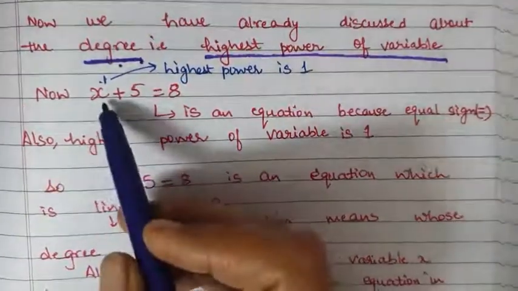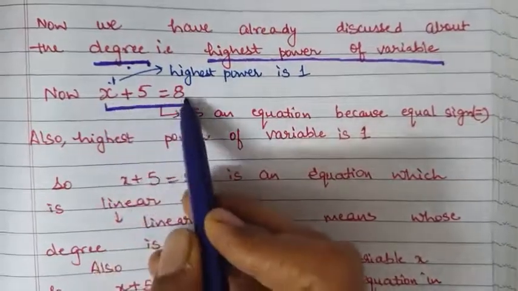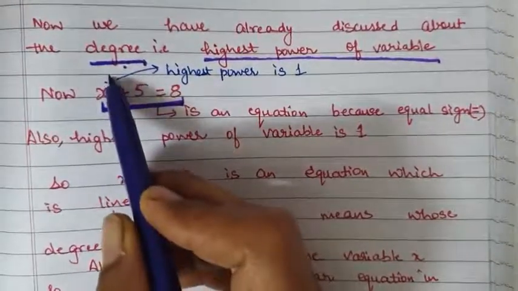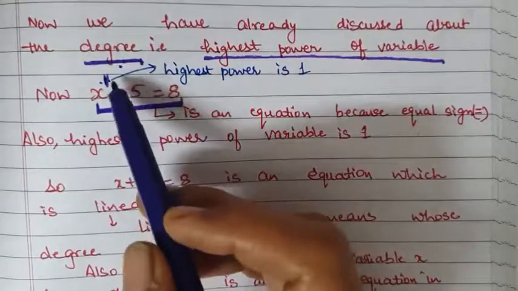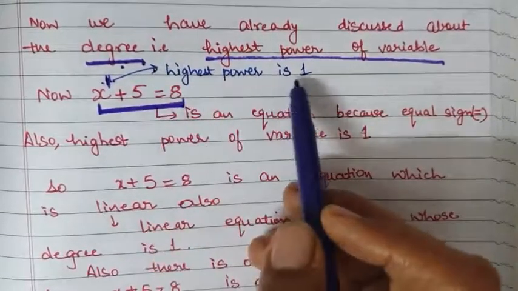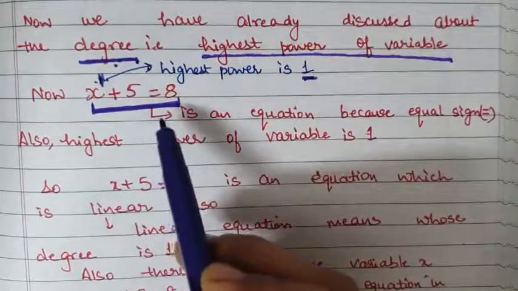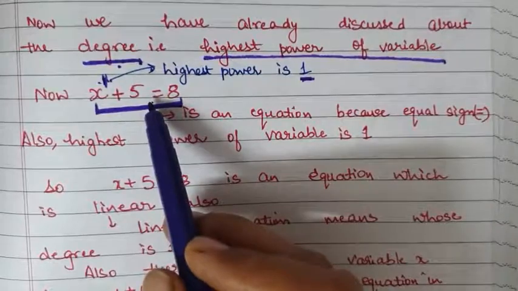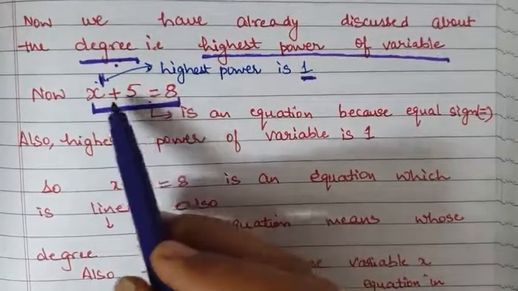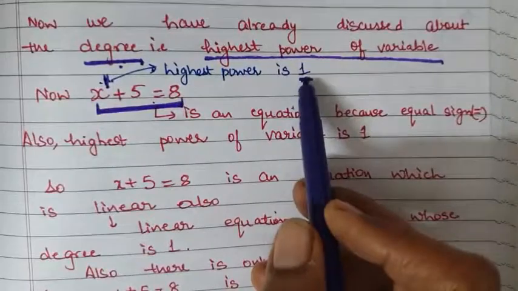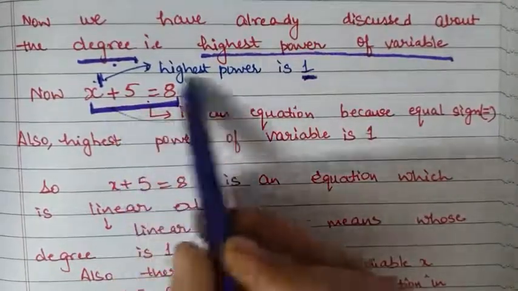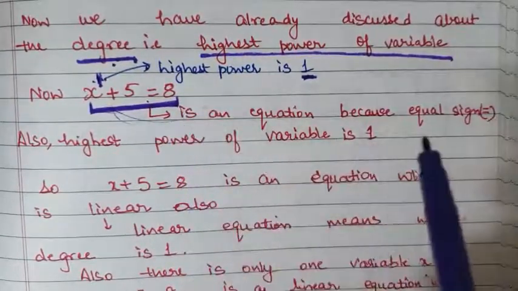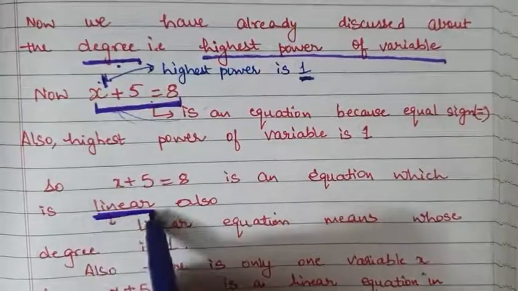Now suppose you have written x plus 5 is equal to 8. What is the power of the variable here? The highest power of the variable is 1. This is an equation because the equals to sign is there, and also the highest power is 1. So any equation whose degree is 1, we call it a linear equation.